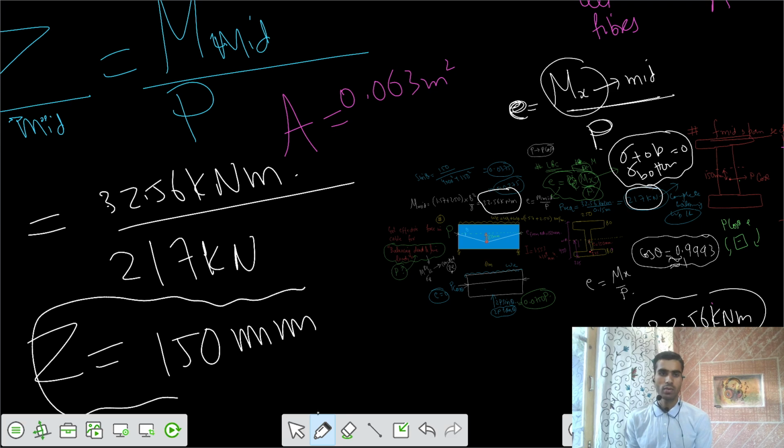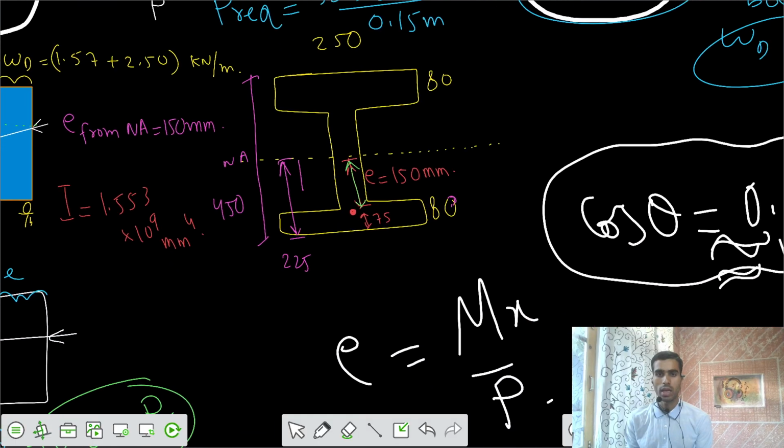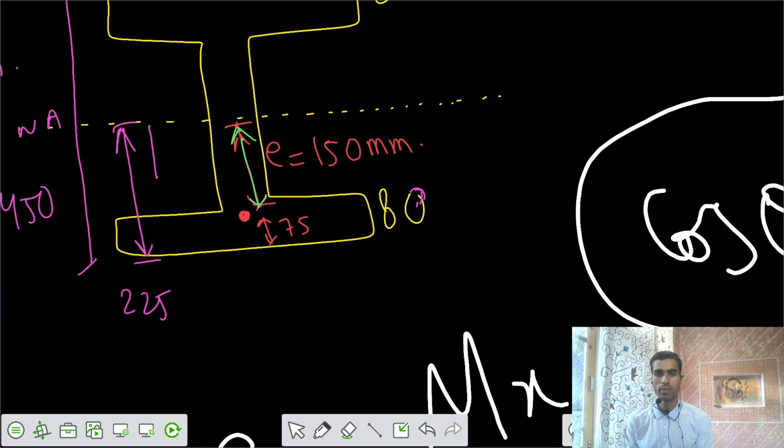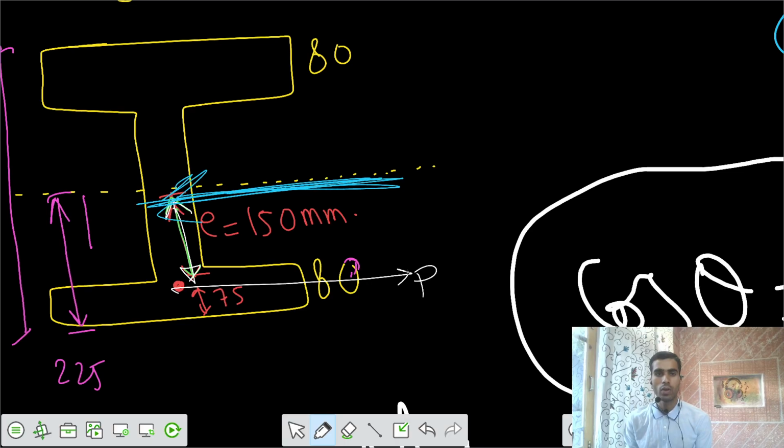So what does that mean? Your shift is 150 millimeters. If this was your cross section, your P force was acting here at some location of E equal to 150 millimeters. The C force I calculated is acting somewhere here at the location of Z, such that Z is also equal to 150 millimeters.